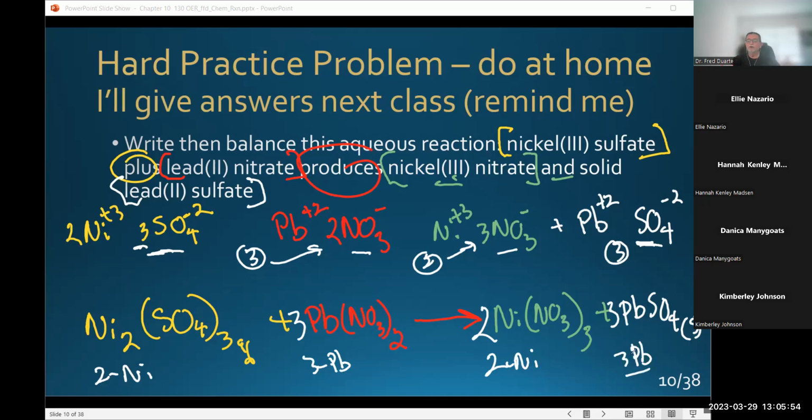So by default, the metals just fell into place and balanced themselves. And so we have a balanced chemical reaction that says 1 nickel sulfate requires 3 lead nitrates to yield 2 molecules of nickel nitrate and 3 molecules of lead sulfate.